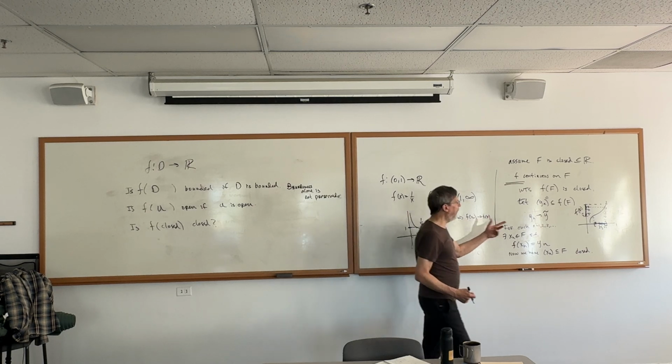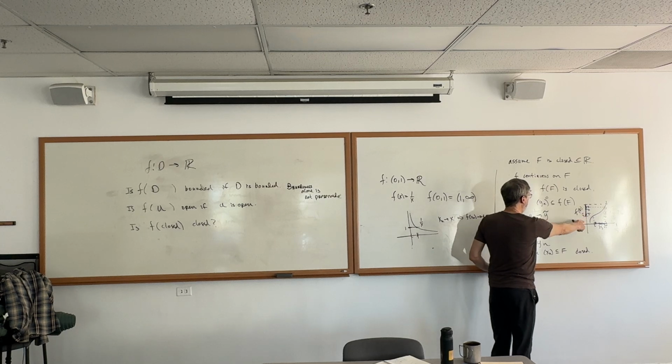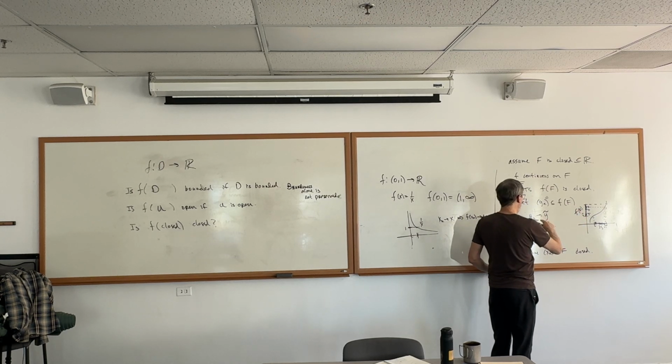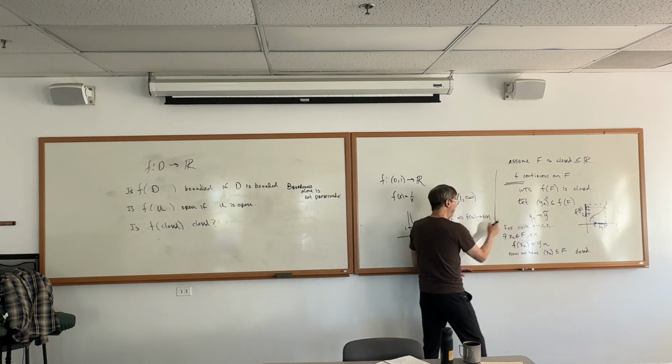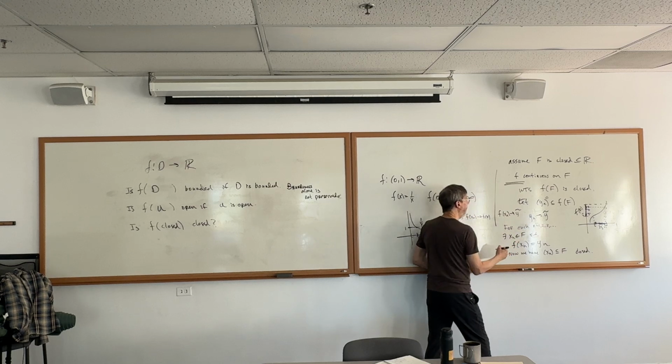Absolutely. But I've kind of got this part here, right? I've got the assumption that this is a sequence of points up here that is converging. And they are in f, so I've got f of x sub n converging to y tilde.